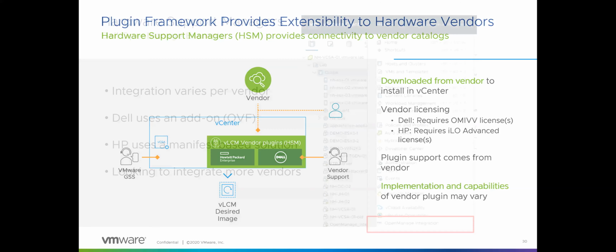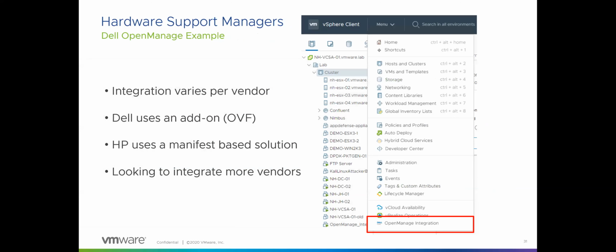Now, the integration varies per vendor, right? So in this specific screenshot, you'll see just my lab with the OpenManage integration. So you need to set up from a Dell perspective that OVA that you import in vCenter Server, you connect it to vCenter Server, et cetera, and now you have that integration.